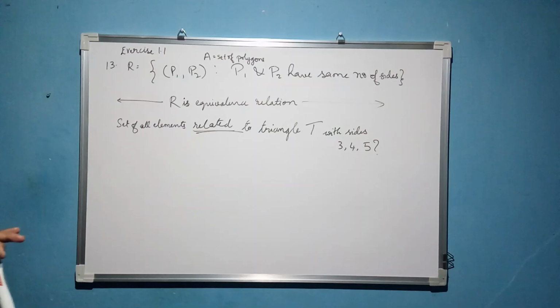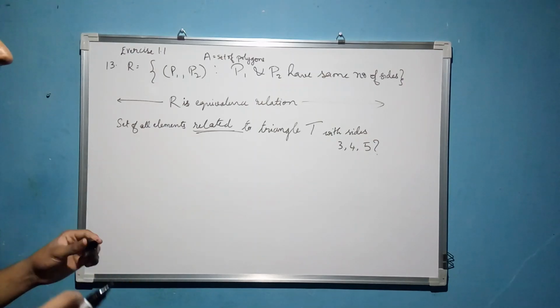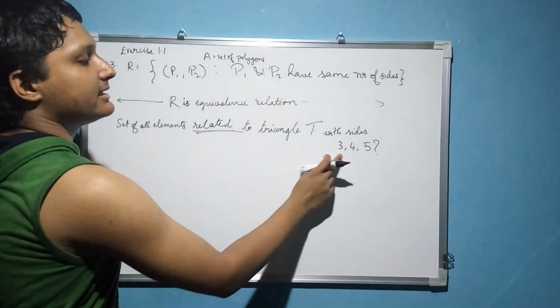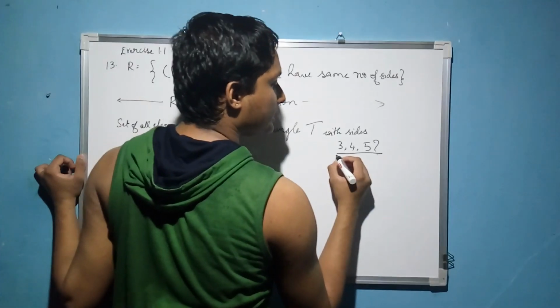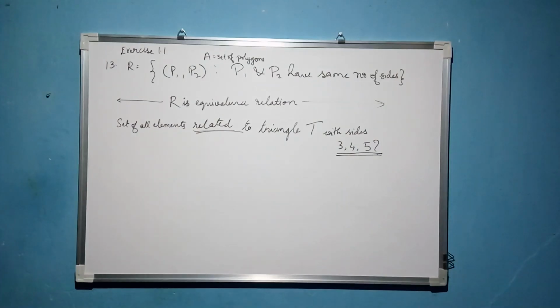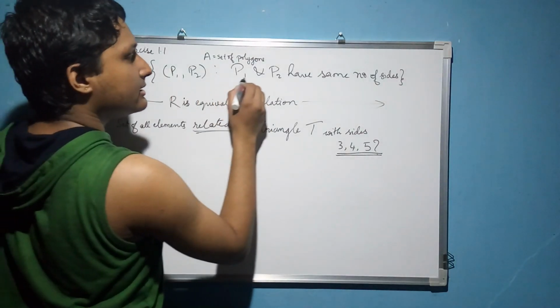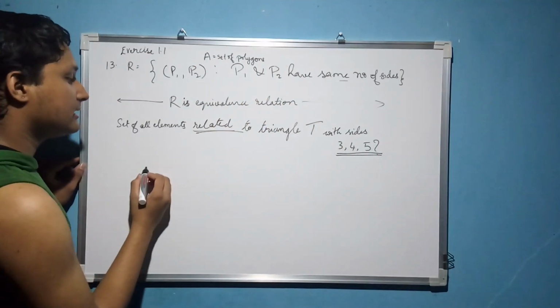So the set of all the elements that are related to the triangle T with sides 3, 4, 5. These sides 3, 4, 5 have no meaning here. There is no use of that given, because all the triangles are related to each other. Here it is just that they have the same number of sides.